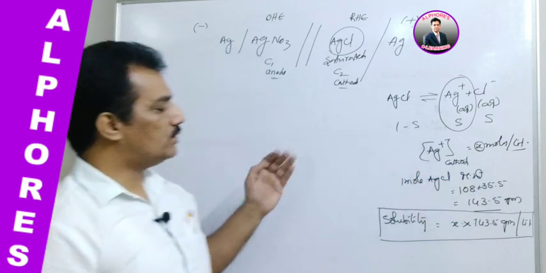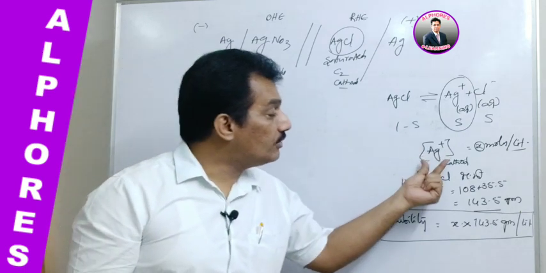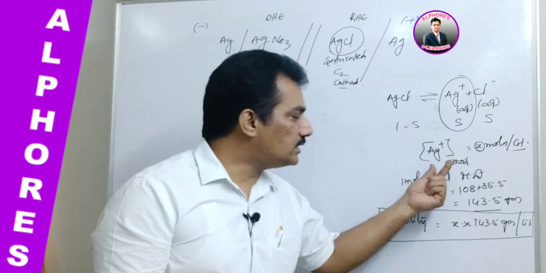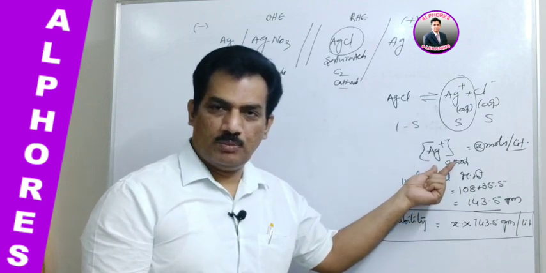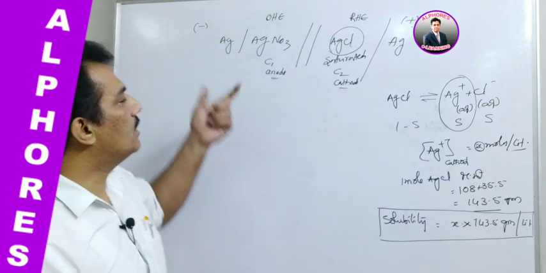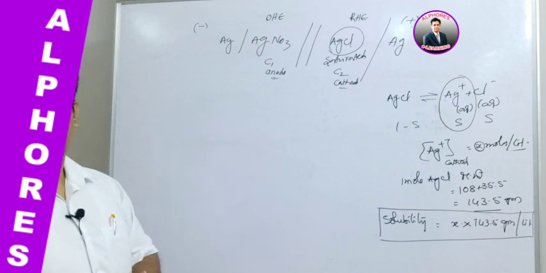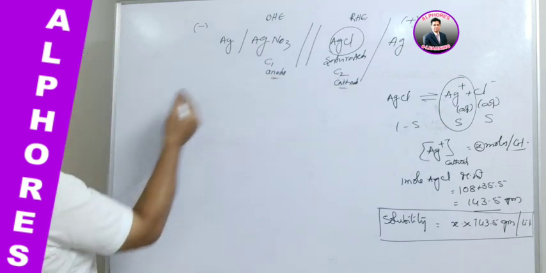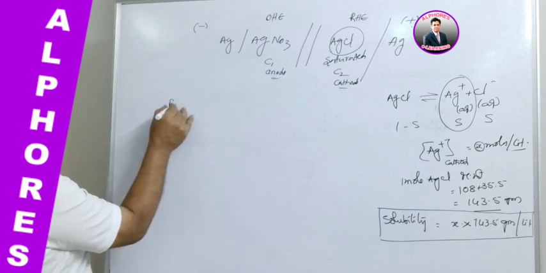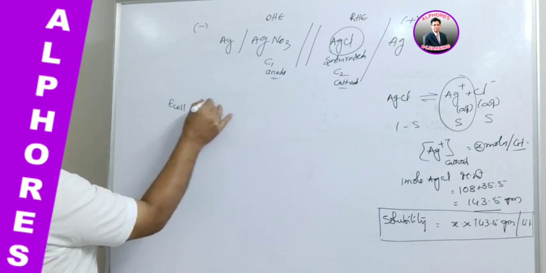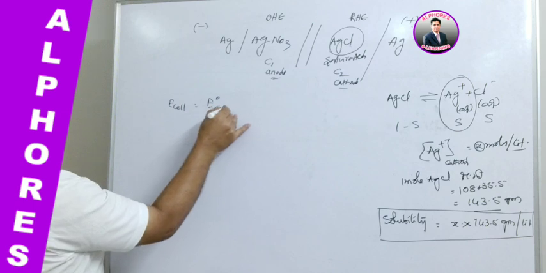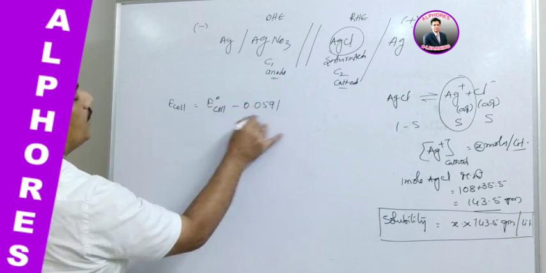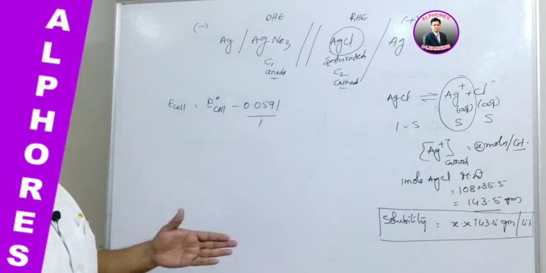And now coming to this, how to get the concentration at the cathode? That is the question here. To get this concentration of Ag+ at the cathode, we are applying the concentration cell concept. When the cell is constructed, the E cell can be measured as E naught cell minus 0.0591 by 1, because n for Ag is 1.